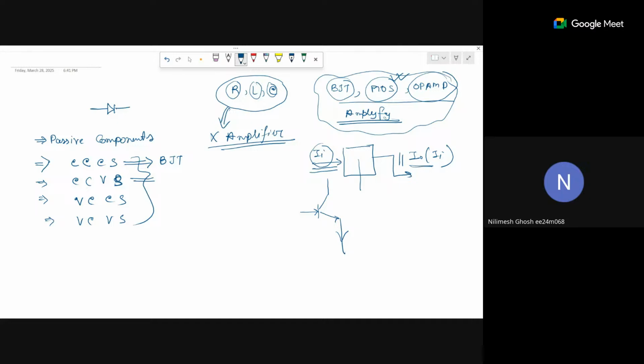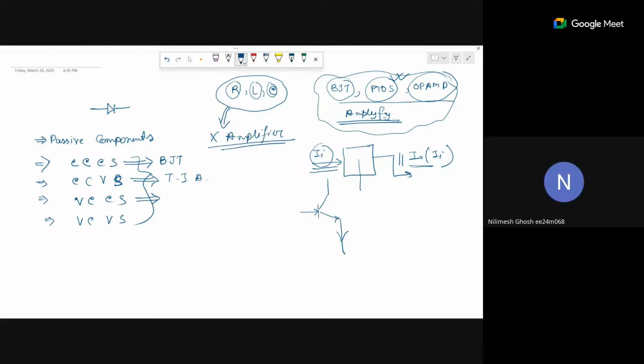I think till now you didn't study about it. This is a trans impedance amplifier. Okay, a trans impedance amplifier is a current controlled voltage source. Now, about the voltage controlled current source, this is also mentioned: MOSFET.